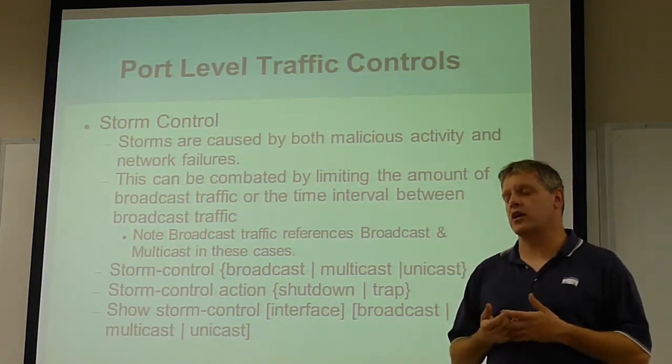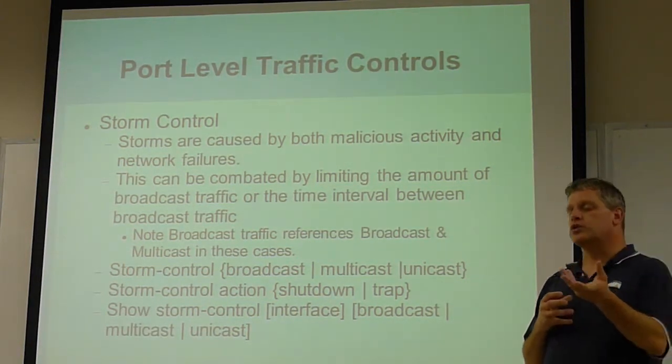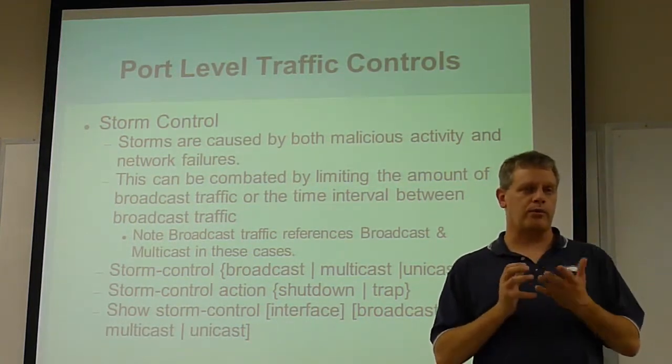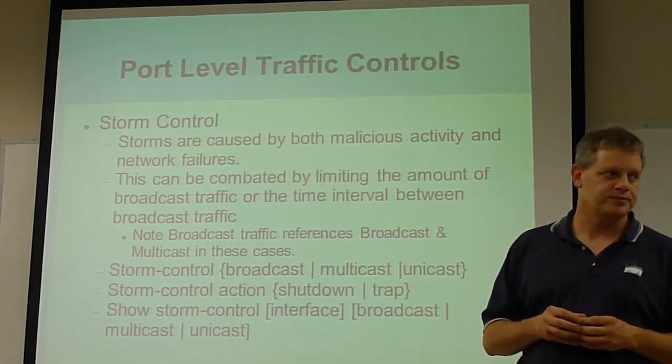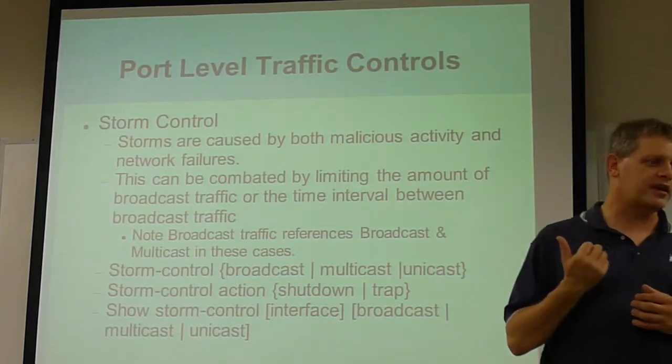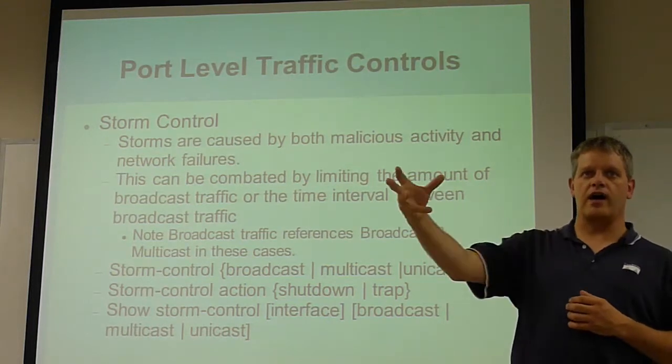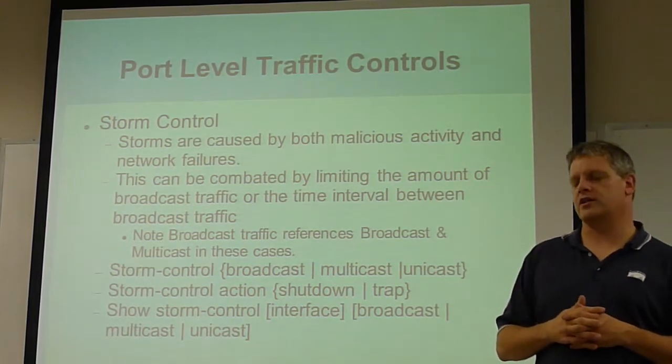The first thing we want to talk about is storm control. Storm control is the way that we manage or block broadcast storms. Broadcasts are all F destination frames in Ethernet.